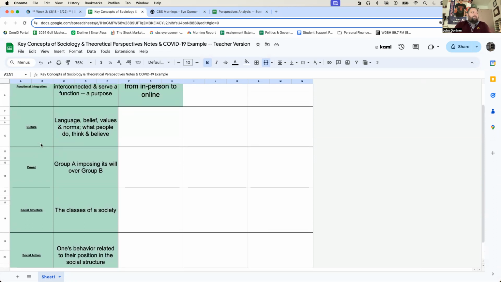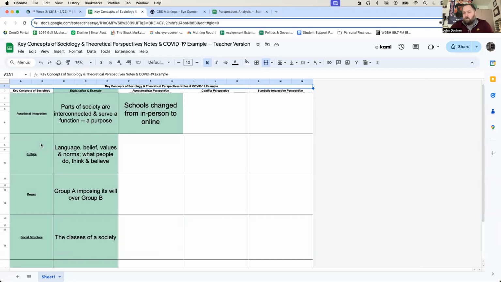So when we're analyzing societal change, this is what sociologists would look at to see how and why society is changing, and how that change compares from one society, think the United States, to another society, think Mexico or the United Kingdom or France.